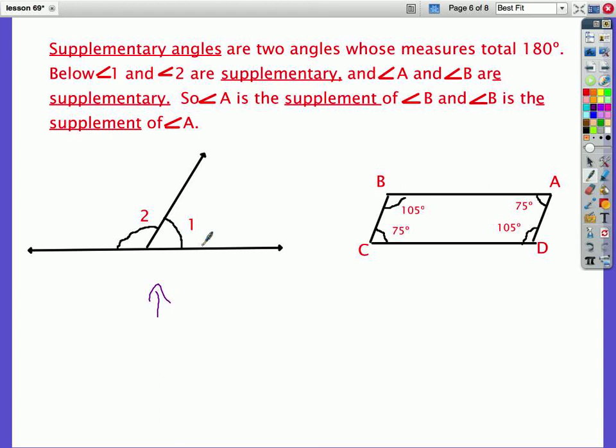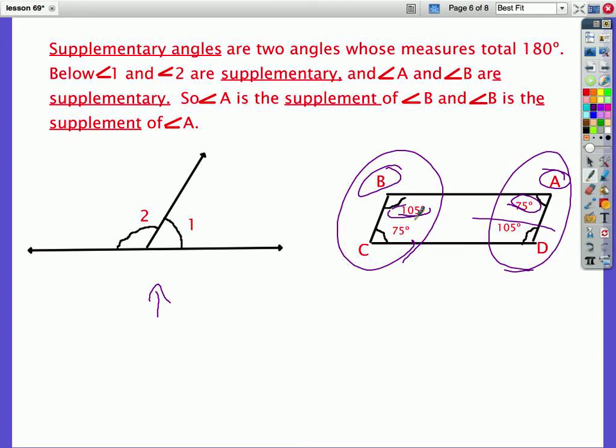Over here, angle A and B are supplementary because 105 plus 75 is 180 degrees. So angle A is a supplement of angle B, and angle B is a supplement of angle A. You can say it either way. Notice B and C are supplements, A and D, C and D. Okay? As long as they add up to 180 degrees.